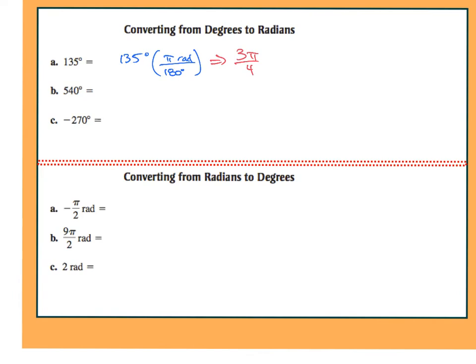All right, 540 degrees. So I'm going to multiply 540 by what? I'm going to radians. So pi over 180. So I'd have 540 pi over 180. What are both of those divisible by? You can go any further.